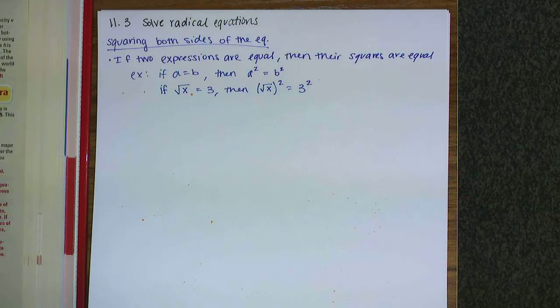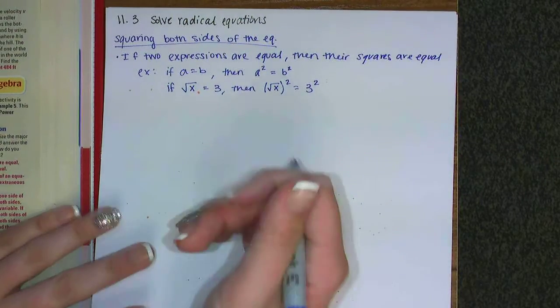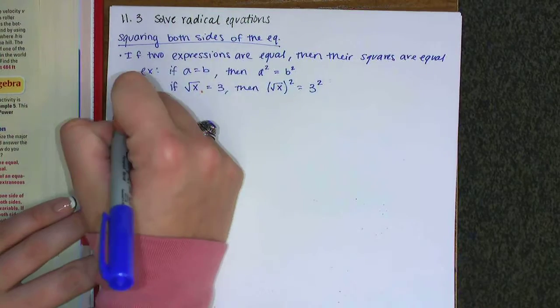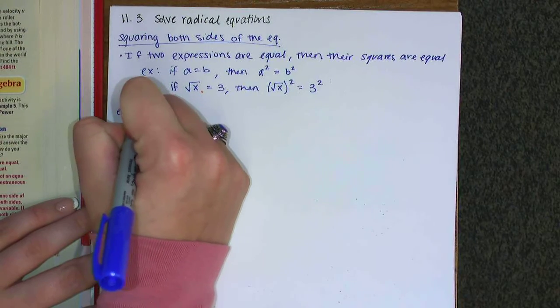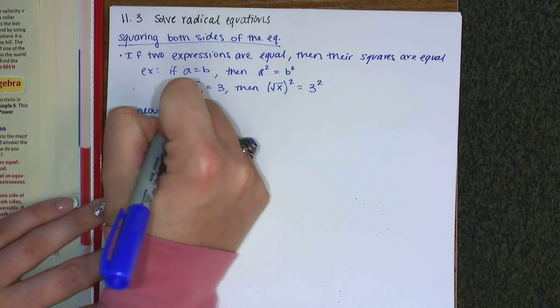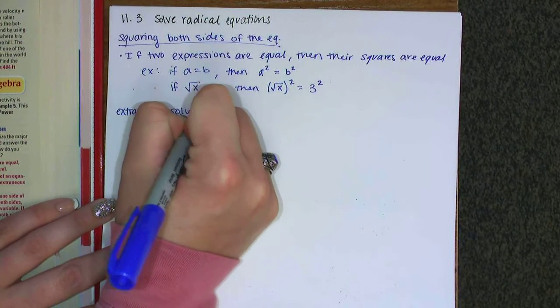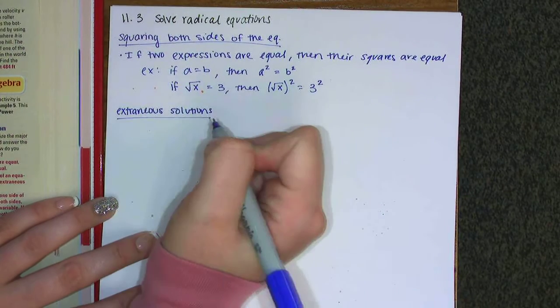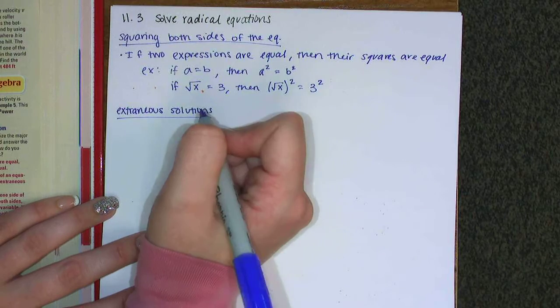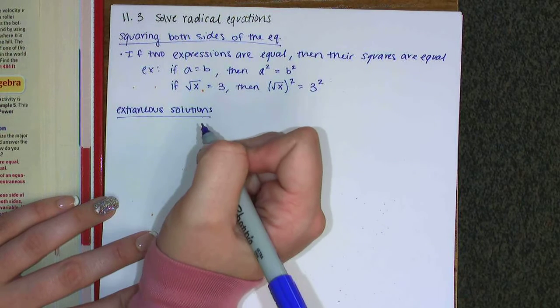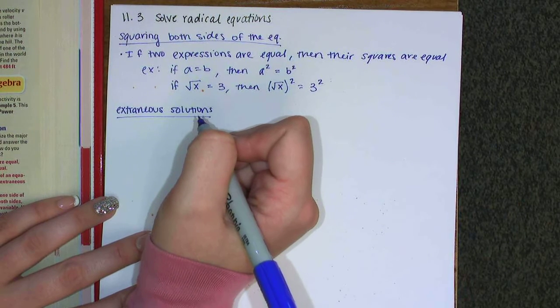Actually, we need to talk about one more thing before we get started here, extraneous solutions. So sometimes there are things that appear to be a solution but actually are not.